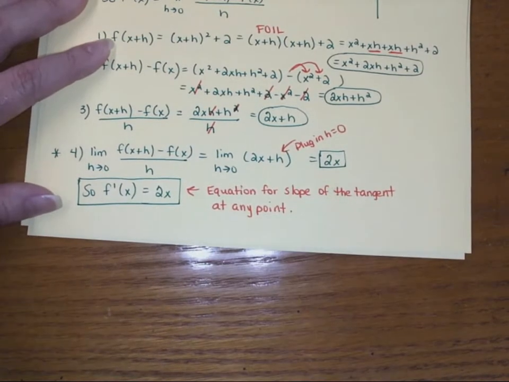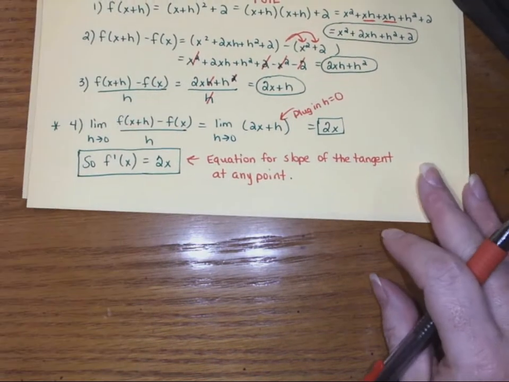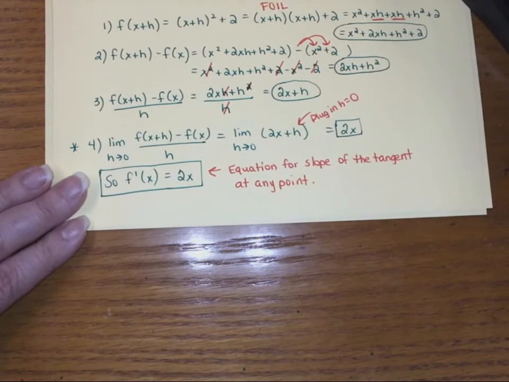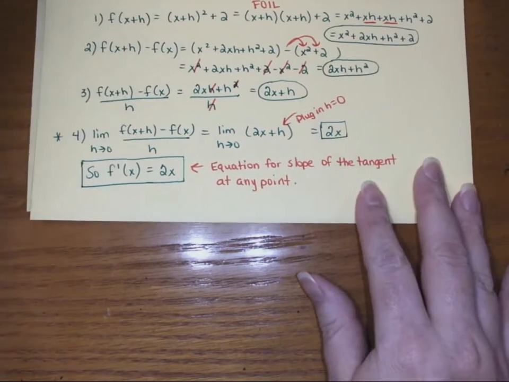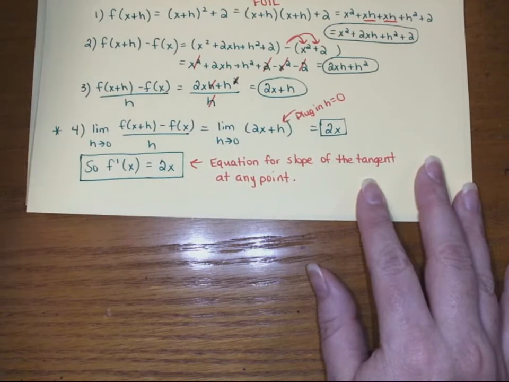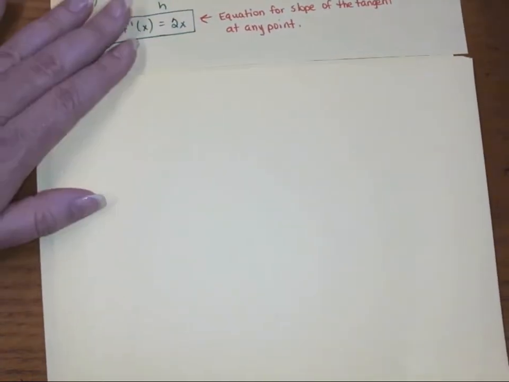The slope is 2 times whatever x is at that particular point. So let me demonstrate what I mean by that. Let's take some examples and see if we can find the specific slope at various stages along that curve. So I want to do a part B here.